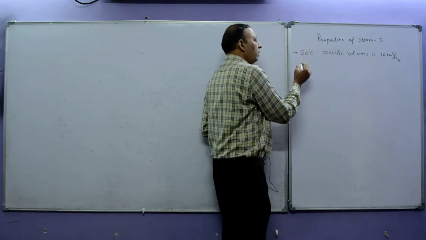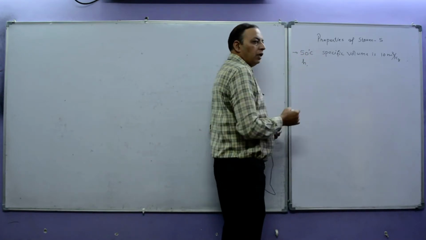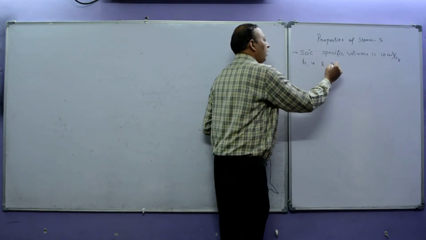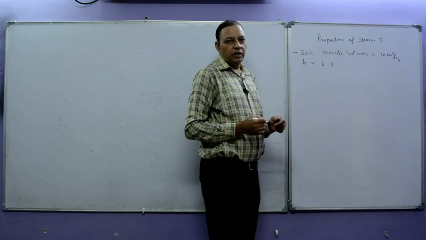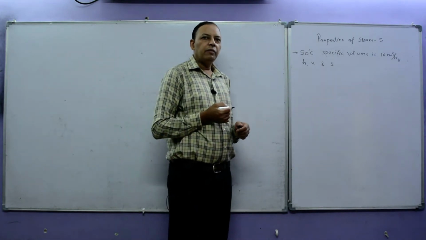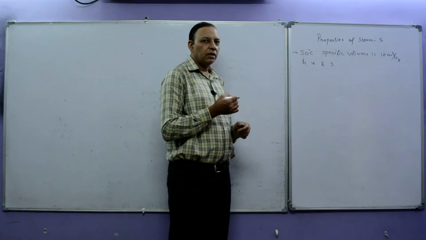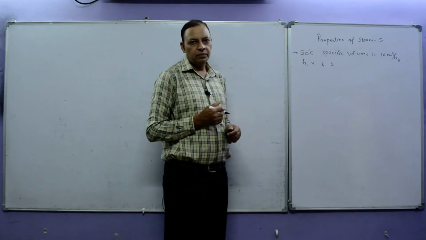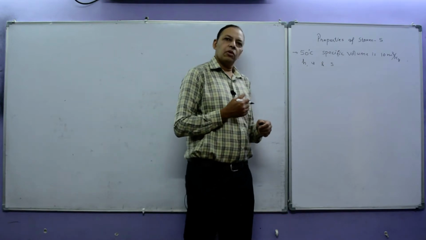We have to calculate enthalpy, internal energy and entropy of the given steam. Earlier we had covered elementary stage. You can say that this is the next stage of numerical. Process is same.